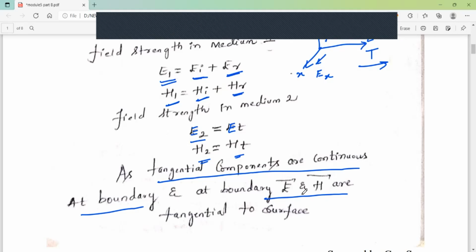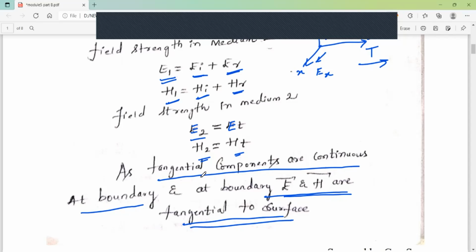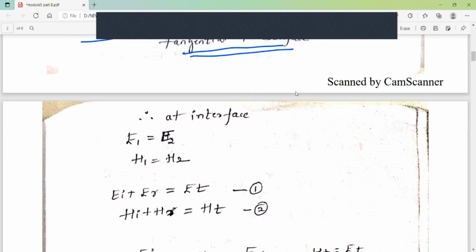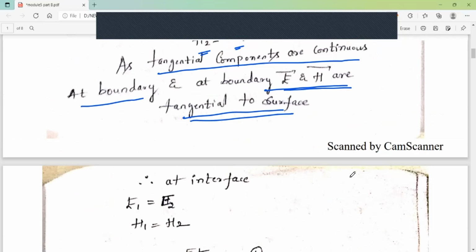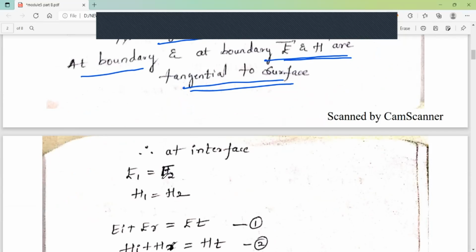Okay, so at the boundary, we have E and H, which are tangential to the surface. So all the components which we are talking about are tangential only. Okay, now at the interface, these E1, E2, H1, H2, they are only tangential. So the E1 component, which is tangential, is equal to the E2 component, which is tangential.